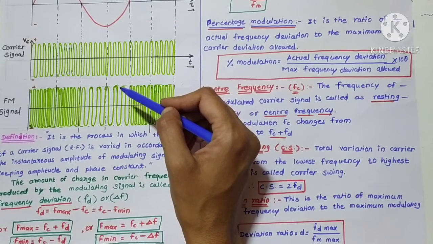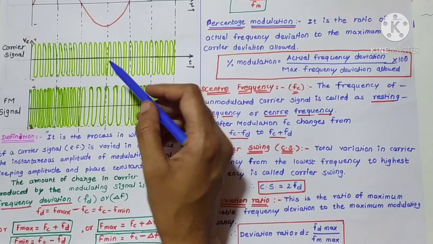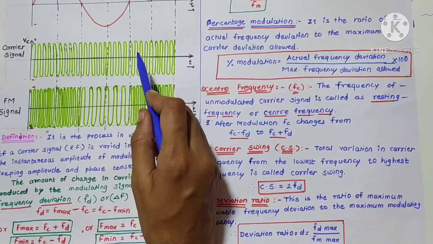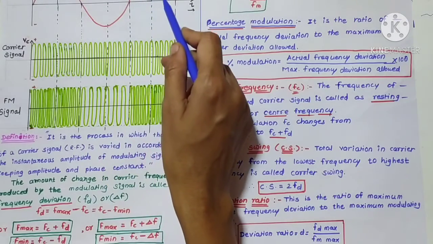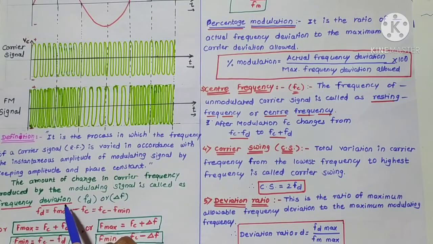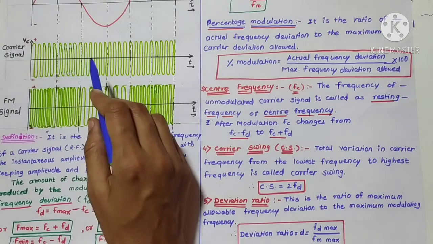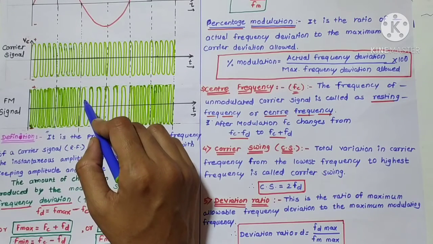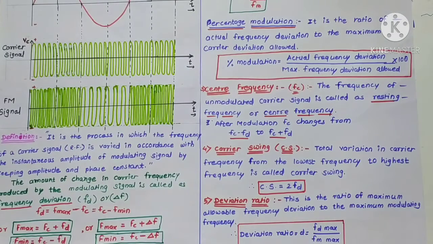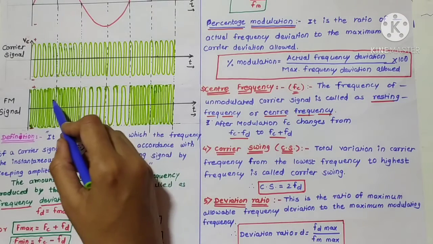Okay students, the amount of change in the carrier frequency produced by the modulating signal is known as frequency deviation, and it is denoted by the letter Fd, or in some reference books it is given as delta F. The frequency of the modulating signal determines how many times per second the carrier frequency deviates above and below its normal center frequency.